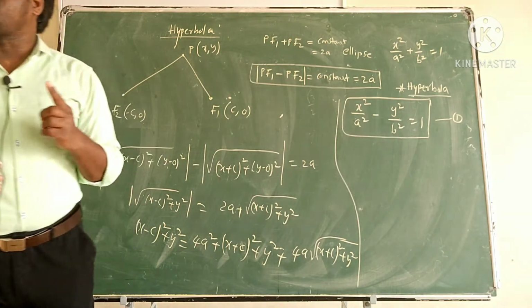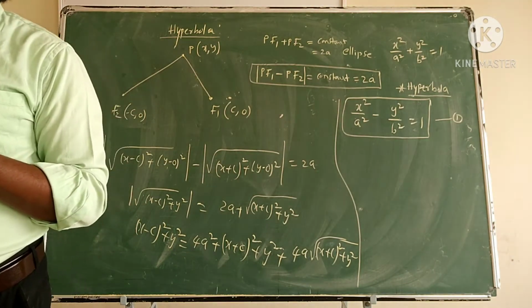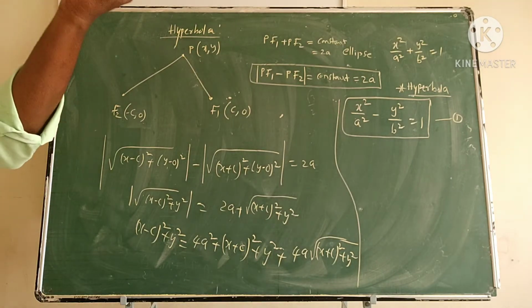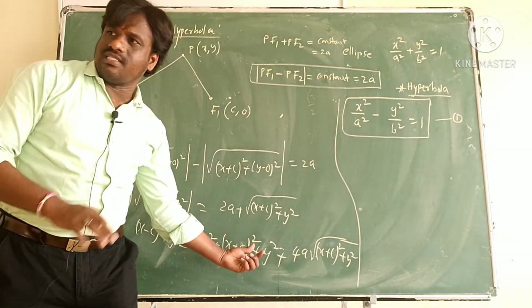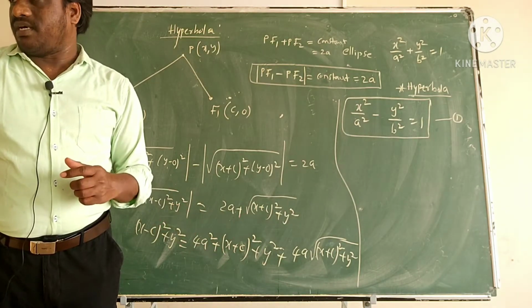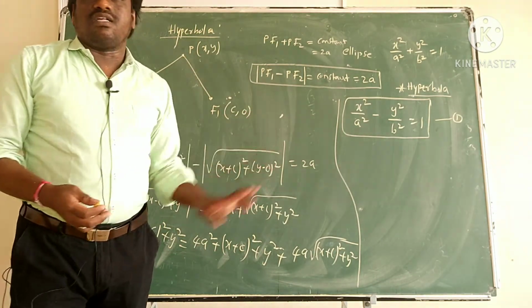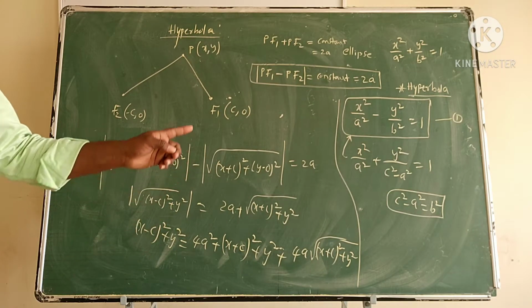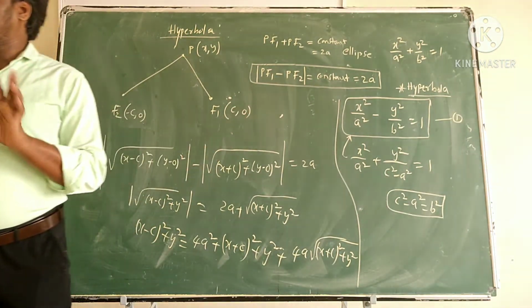Okay, there I took what? c square minus a square equal to b square I took. Do you remember? When I simplified this, in the denominator I got c square minus a square, that I took as b square. Same way here also we take. Ellipse, you can see the same thing will be there. There is no difference.